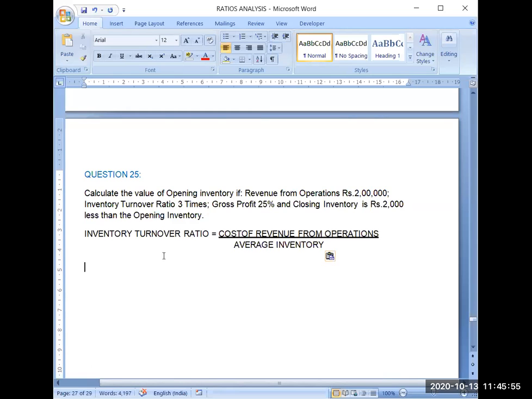And in this formula we are given 3 is equal to cost of revenue from operation we have to calculate. We can easily calculate it because we are having revenue from operation and gross profit ratio. Okay, first we will calculate cost of revenue from operation, then cost of revenue from operation is equal to revenue from operation minus gross profit.